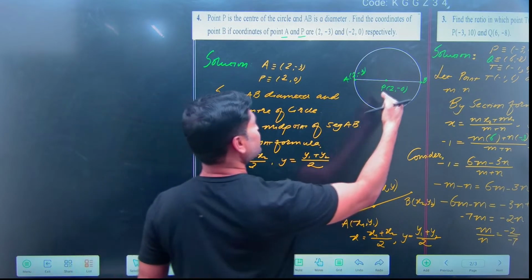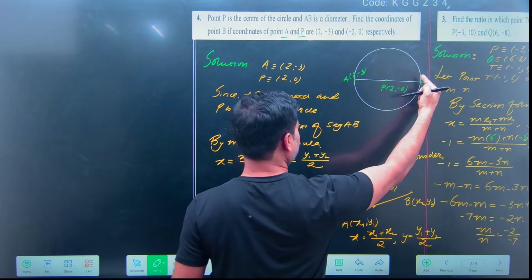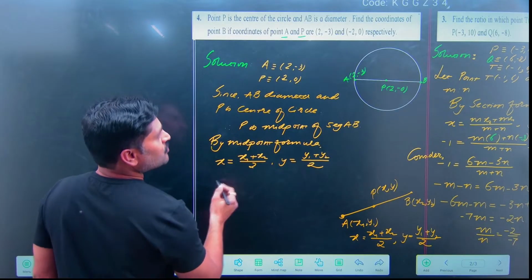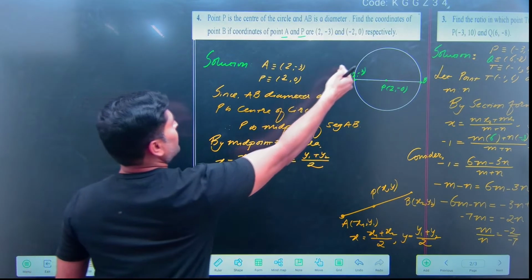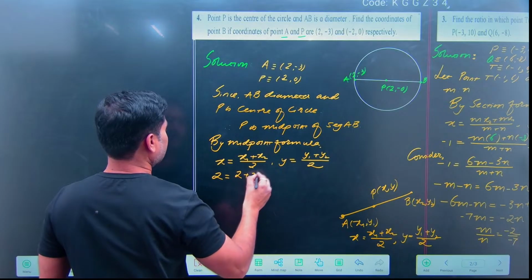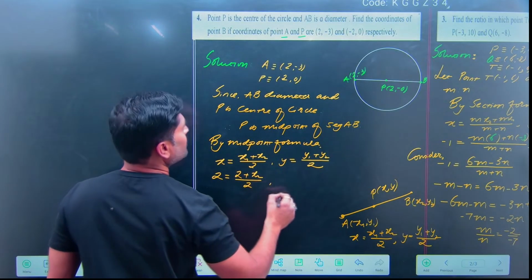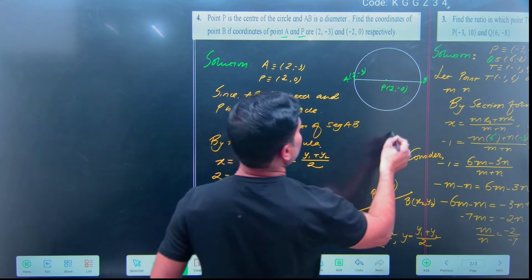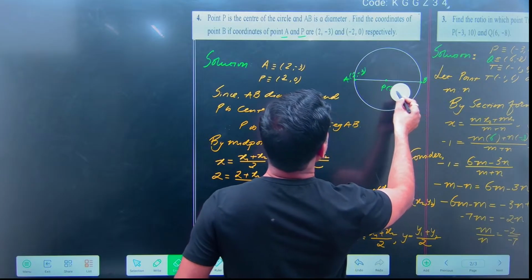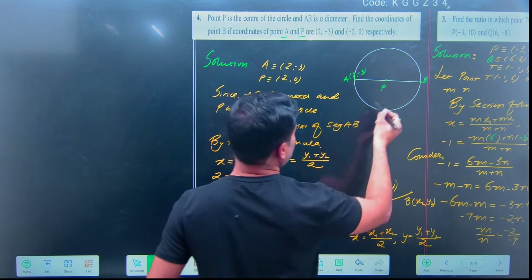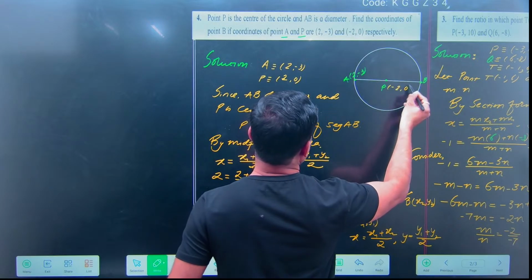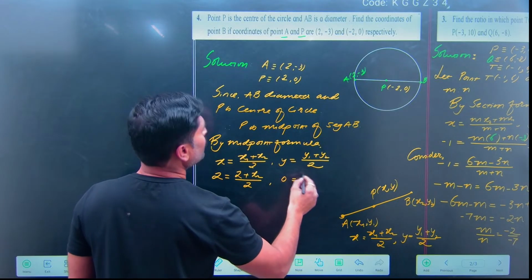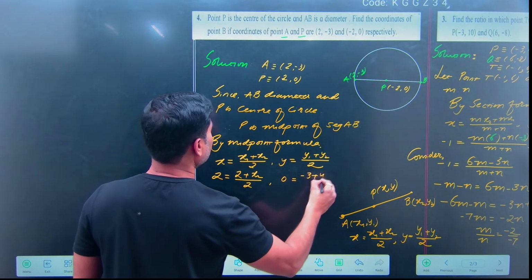So there again we will put the values. As I mentioned, this is x y, this is x1 y1 and the coordinates of B are taken as x2 y2. So x is 2, x1 is this 2 and x2 is not given to us. So the coordinates of P are like minus 2, 0, sorry, I have written wrong. So y coordinate of this P is 0 and y1 is minus 3 and y2 again it is not given.